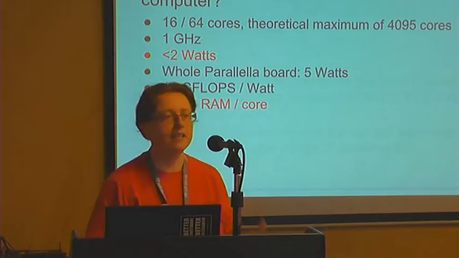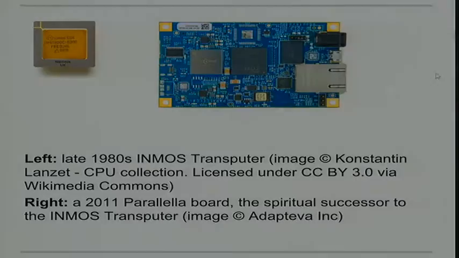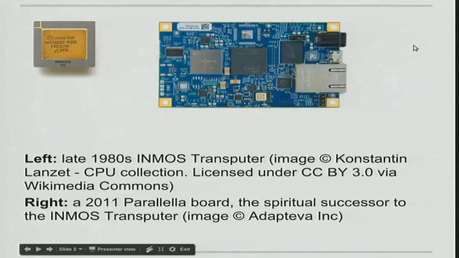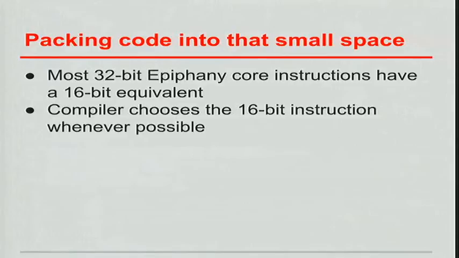So this isn't quite the sort of CPU that we're used to. And you'll notice that this board is a little bit like a Raspberry Pi board. You can think of it a little bit like that. So the Epiphany compiler needs to think a bit about how to squidge all of its program and its data into the very small space of 32 kilobyte cores that it's got.